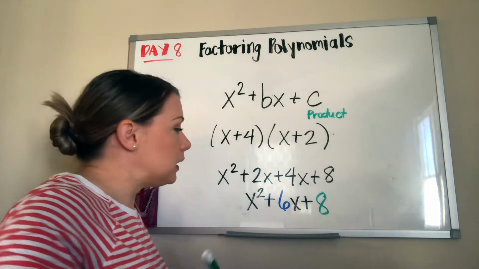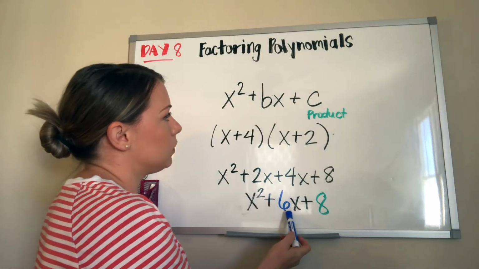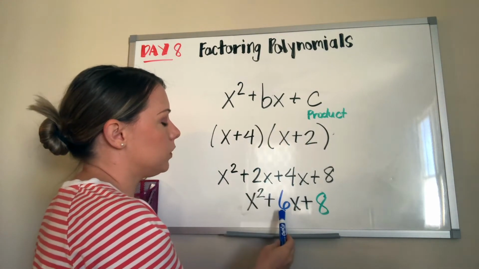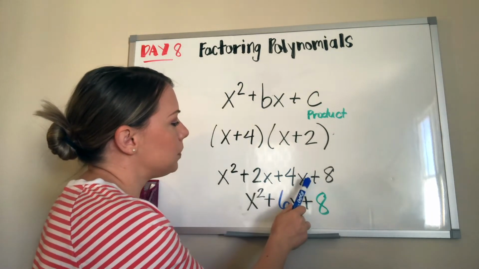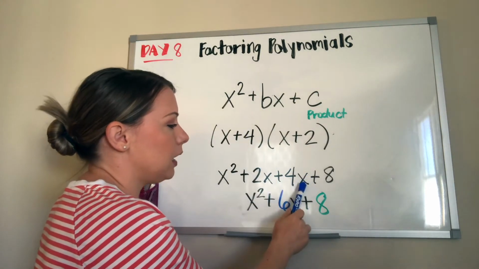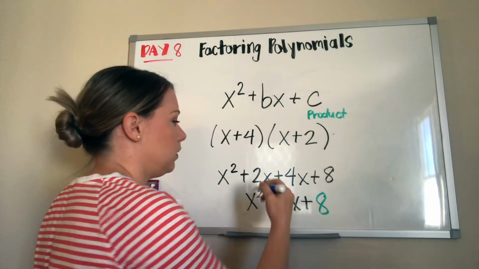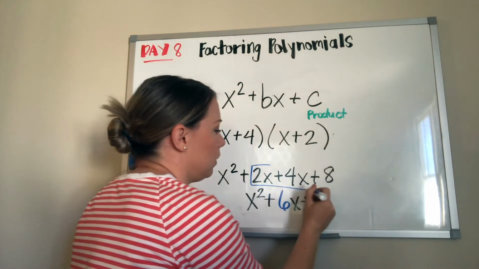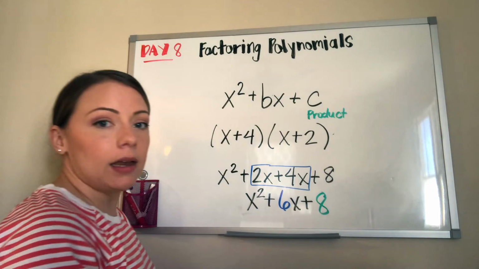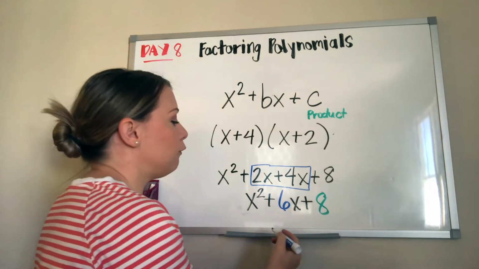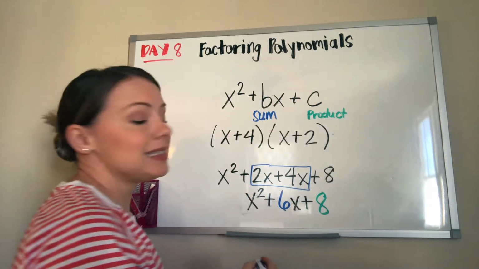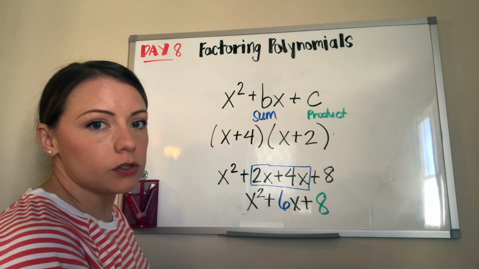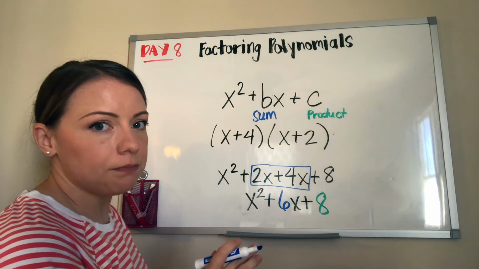And then finally, 6 wasn't created until after some numbers were multiplied, creating these products, and then we added some numbers together. Therefore, 6, or B, is a sum of given numbers. Are we all on the same track?